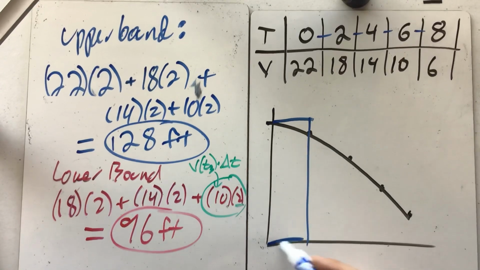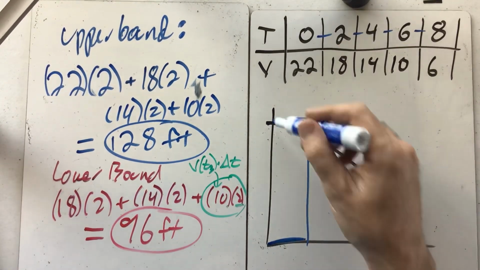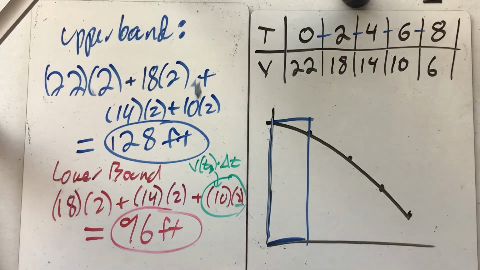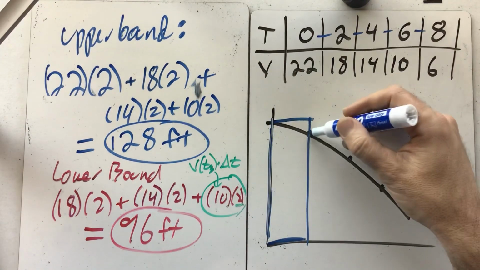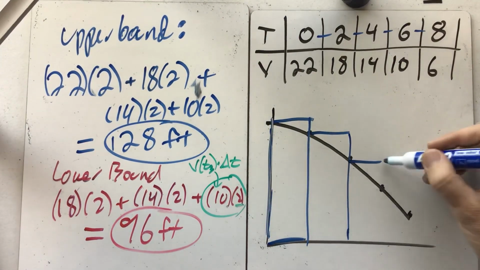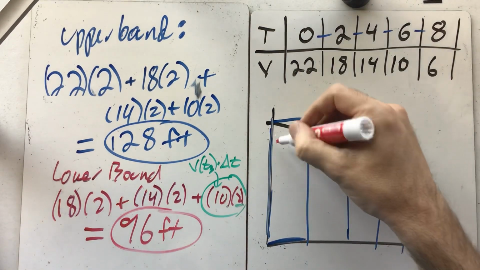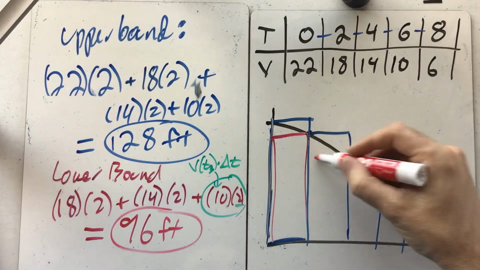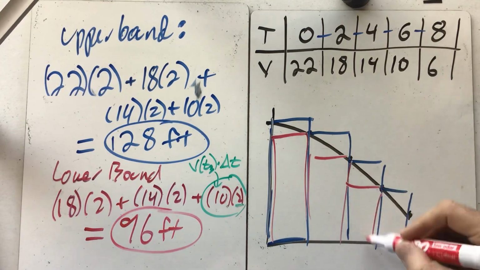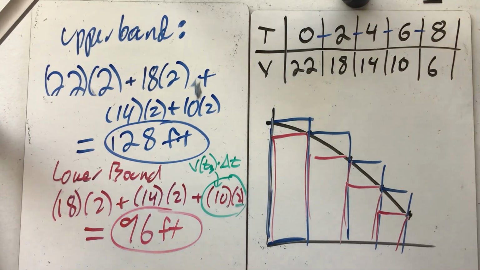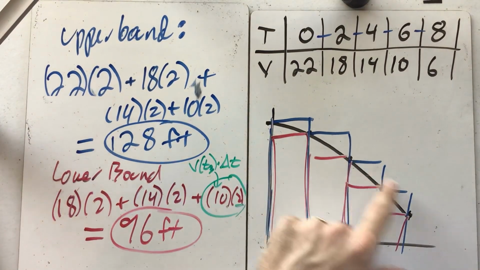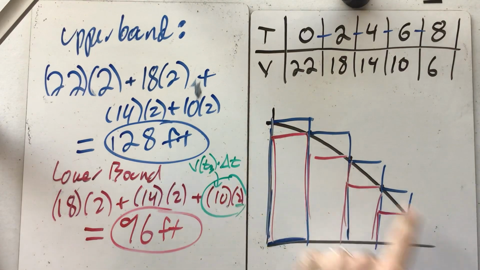That's how long it went times how fast it was going at the beginning of the interval. And if I took that second one, it would be like that rectangle, and that rectangle. So what I really did in this problem was take two estimates, using, in the first case, left-hand sample points, and in the second case, right-hand sample points.